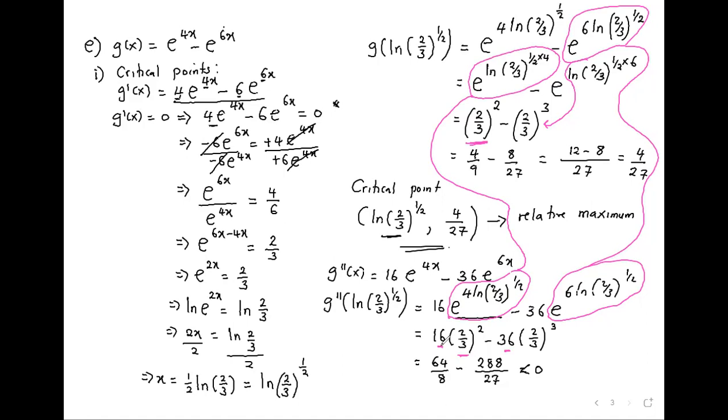So we are saying increasing on negative infinity up to ln (2/3)^(1/2), and decreasing on ln (2/3)^(1/2), comma, positive infinity. This is where g of x is increasing and decreasing.